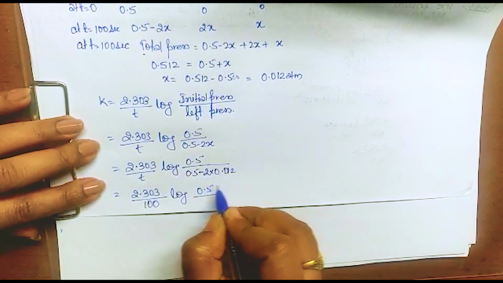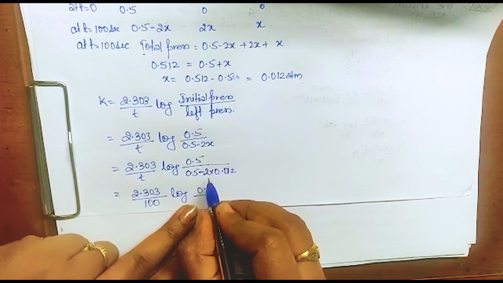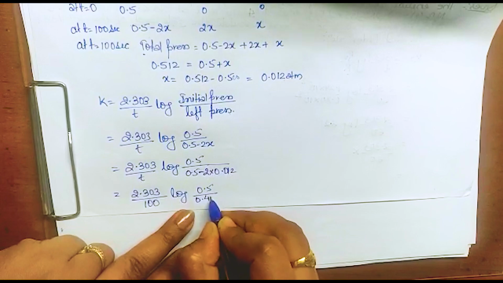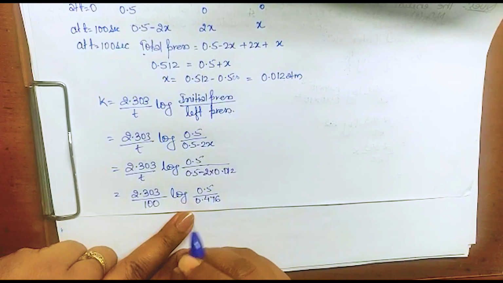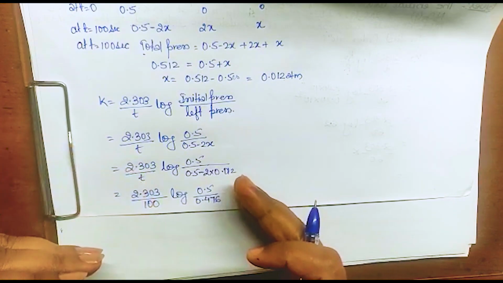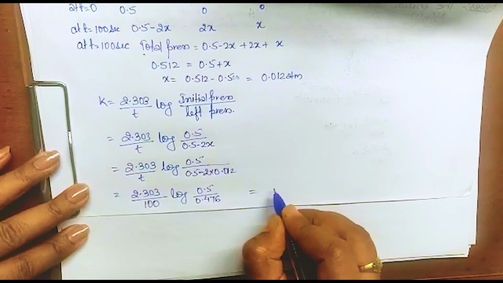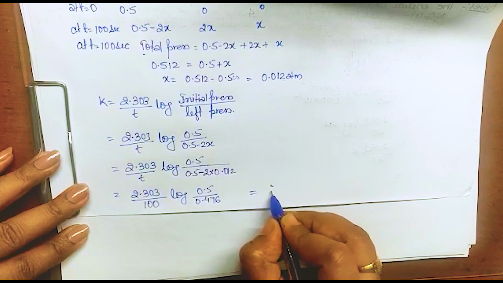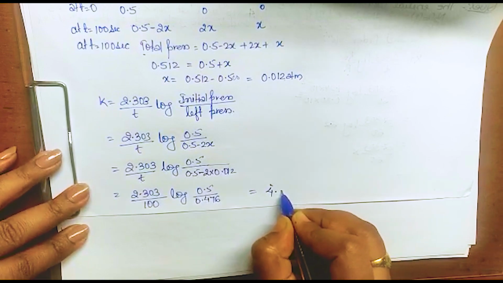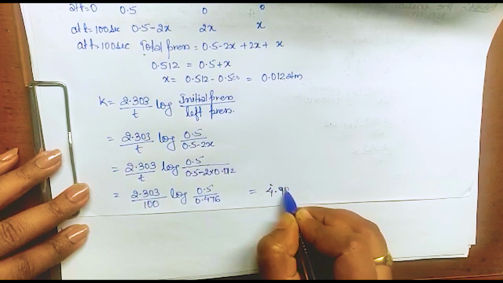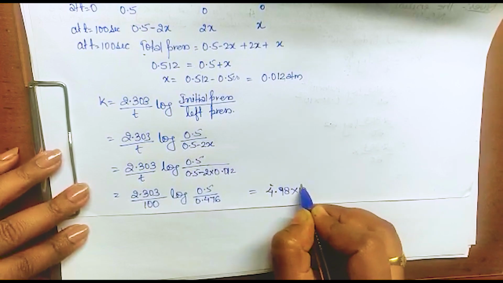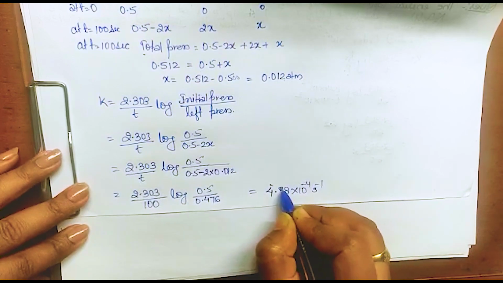After solving this, since it is an NCERT question, I can write the answer from there: 4.98 into 10 to the power minus 4 per second.